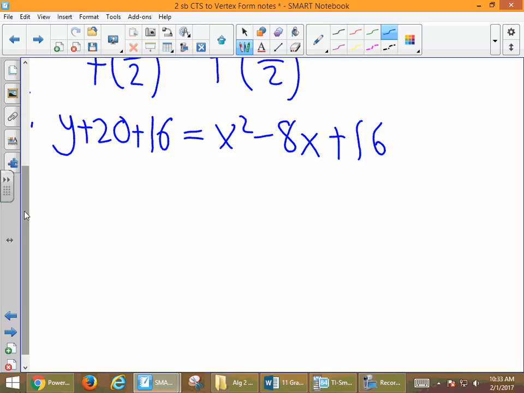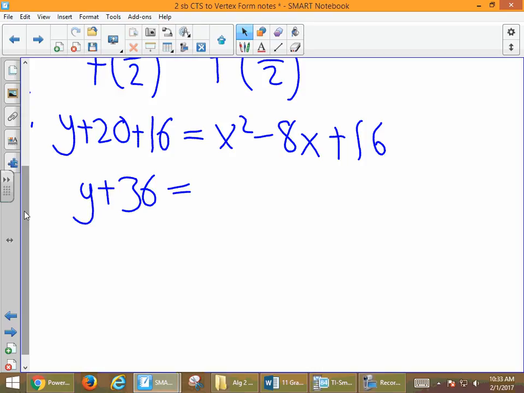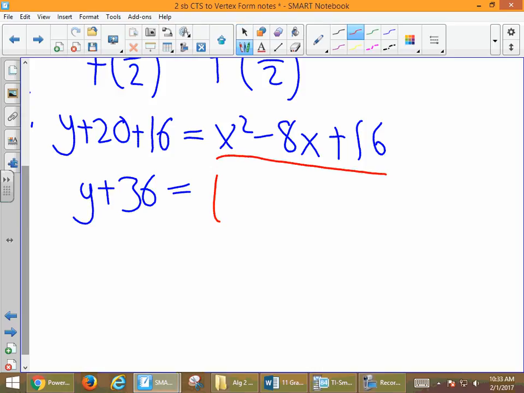And now we can collect our terms on our left side. What will 20 plus 16 give us? 36. And now on our right side, we have the perfect square trinomial. And so this is our trinomial that we're going to factor. So what will the factor be? Tiffany?